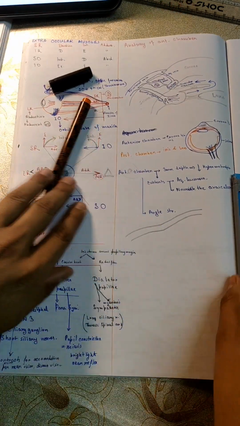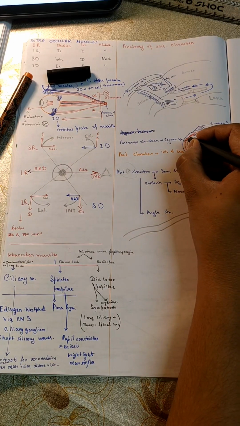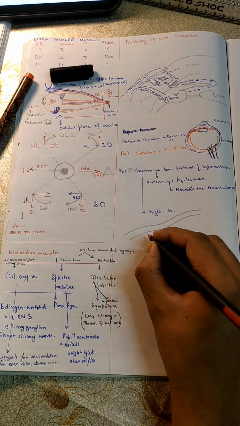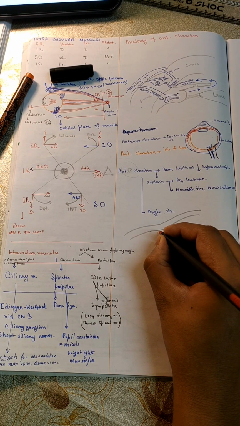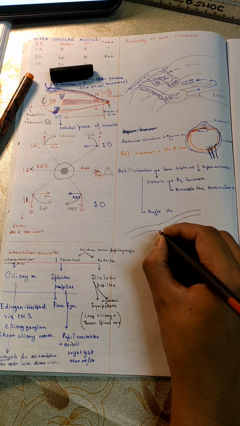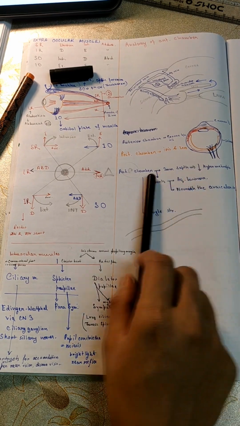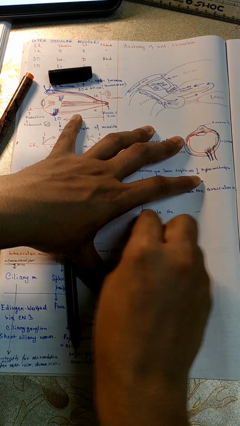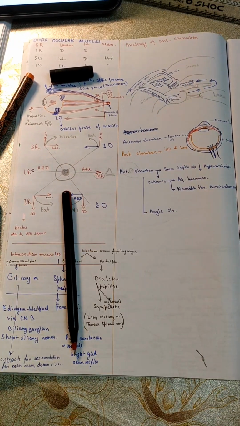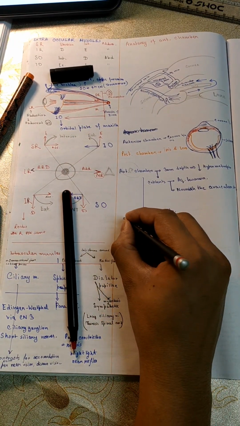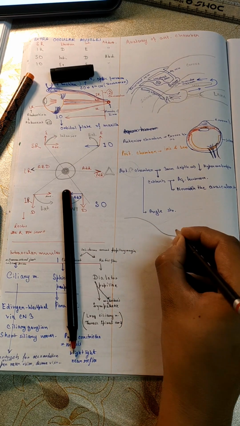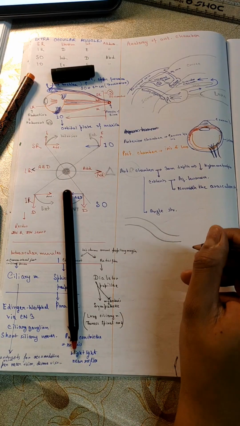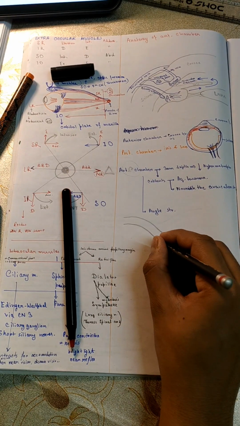Yes, there's a muscle layer, this entire muscle layer. So I have to make it like the picture in the book. I will make the picture same as book because sir has that picture in mind. So if it is the cornea and sclera, this is the junction.